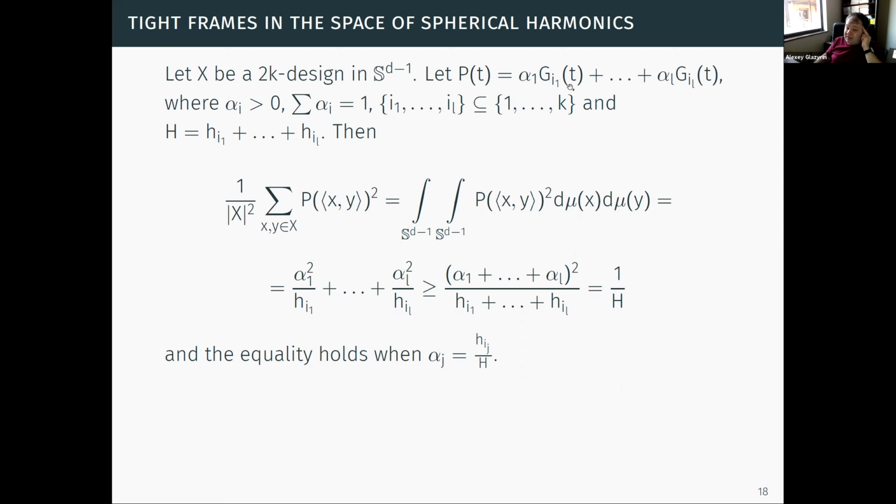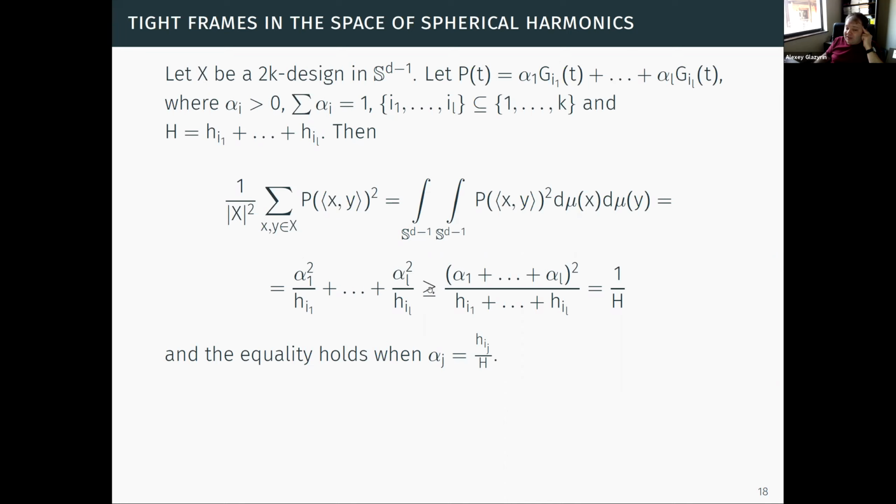So that's going to give us 0. And for each of them in particular, we're going to get the value of alpha squared, the coefficient squared, over the dimension of the space of spherical harmonics. So we get this value for the integral.